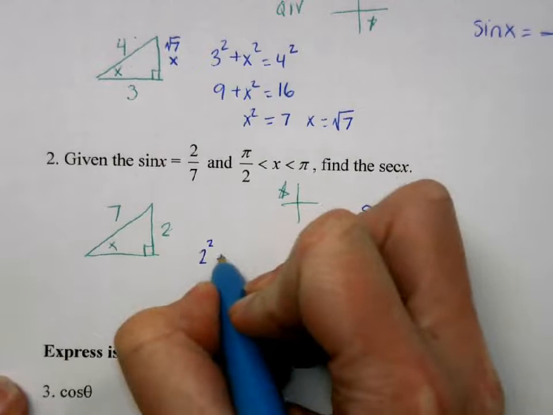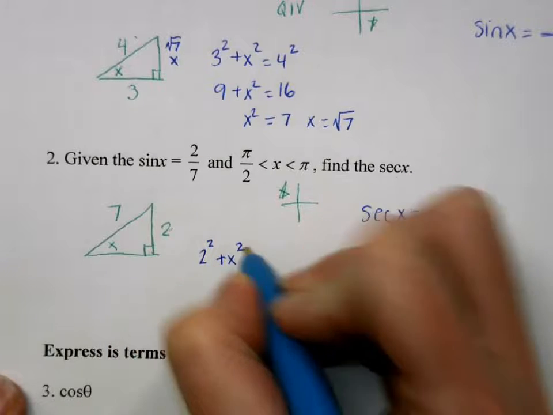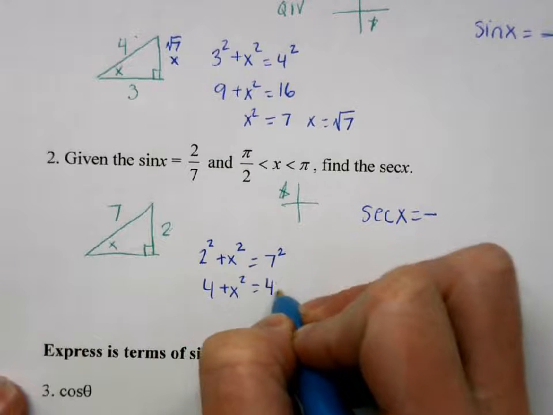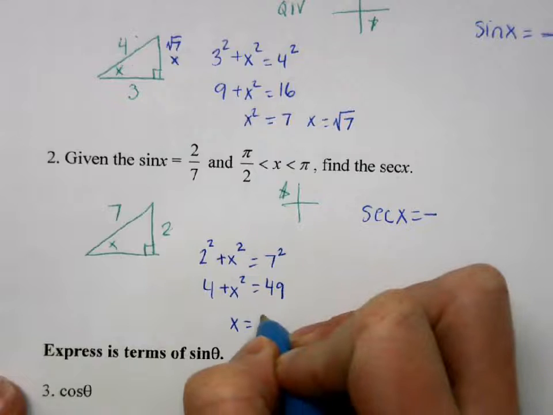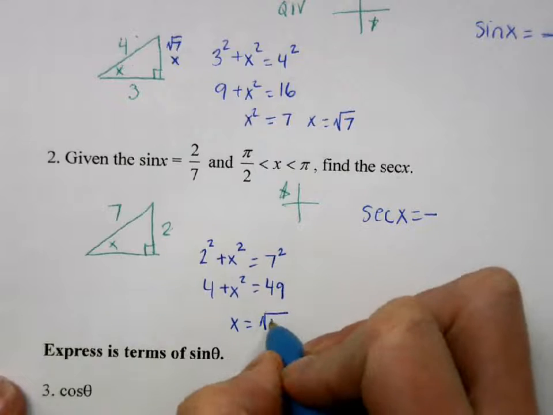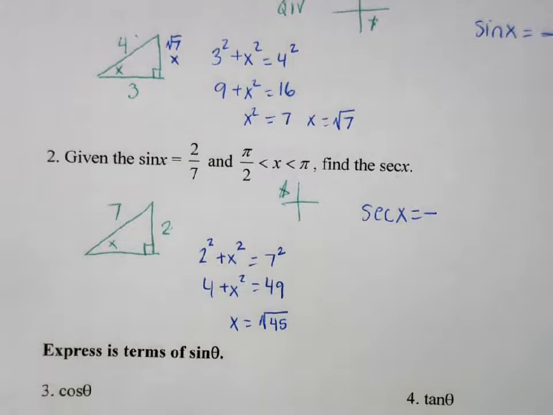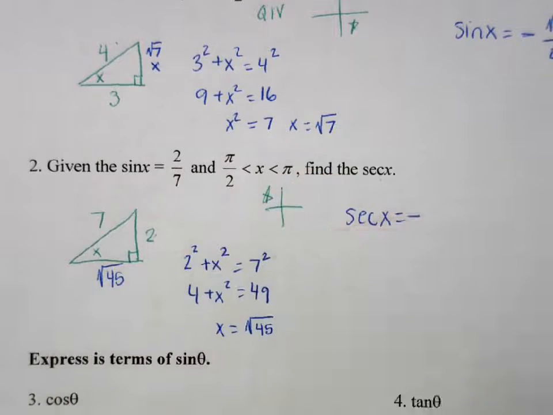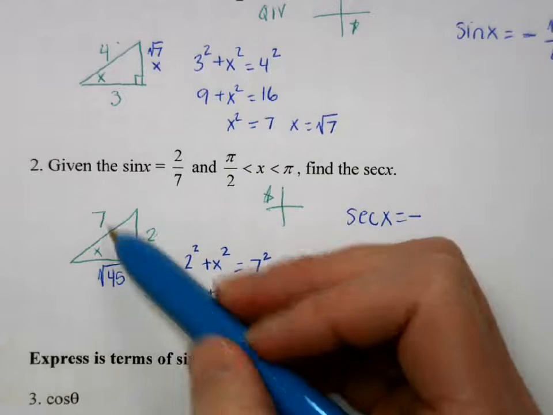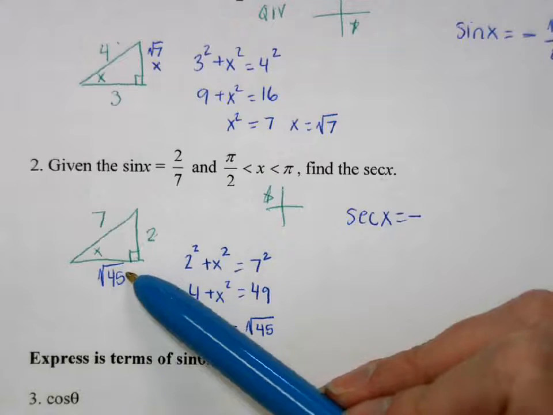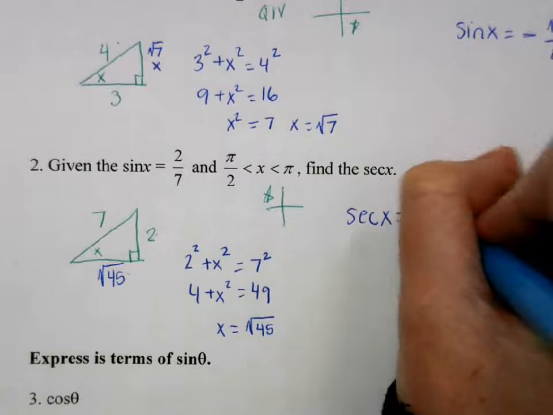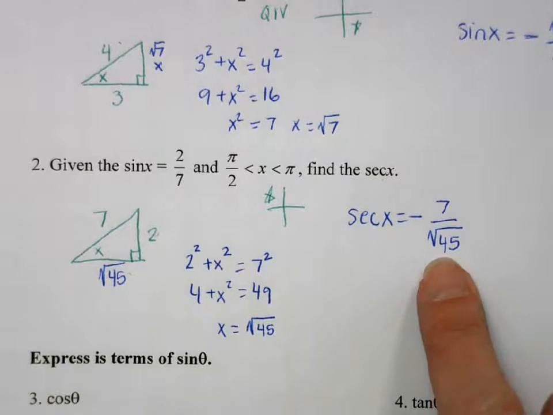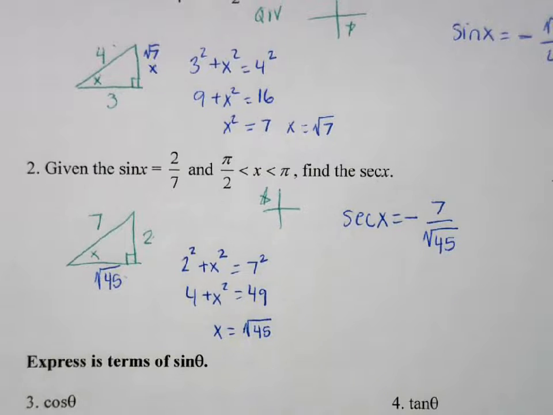So 2 squared plus the adjacent side squared equals 7 squared. So x is going to equal the square root of 45, which you can simplify. I'm just going to go ahead and write my answer as if cosine is adjacent over hypotenuse, secant is hypotenuse over adjacent. Okay, you could simplify this radical, you can rationalize, or you can leave it just like that.